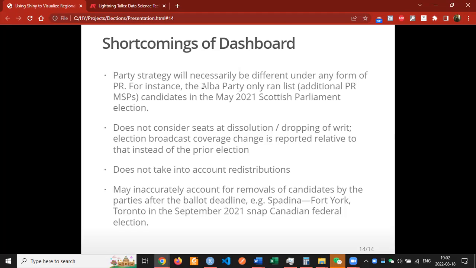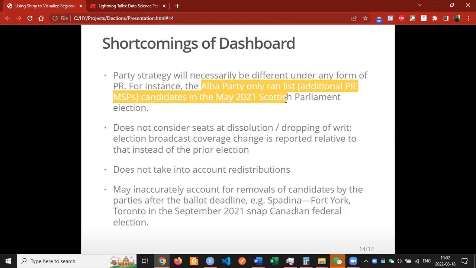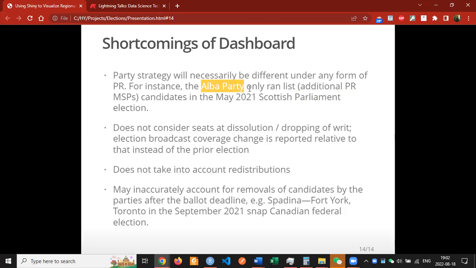In fact, the last time around in Scotland, the Labour Party only ran list candidates, so that's additional PR candidates, and they did not run any candidates in the first past the post constituencies.